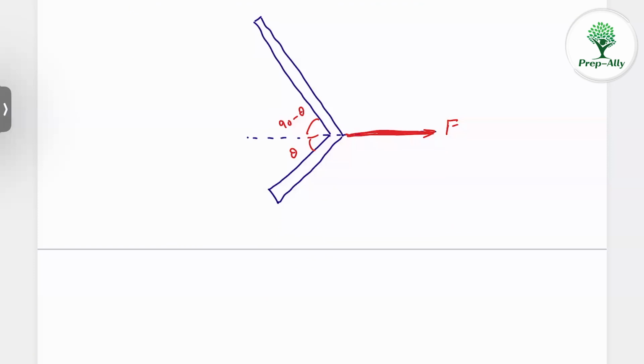Now, what kind of force would you like to draw in the free body diagram? Friction force, sir. Now friction is acting at which point, or is friction acting at all the points?